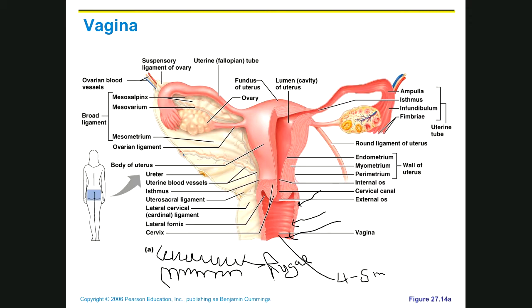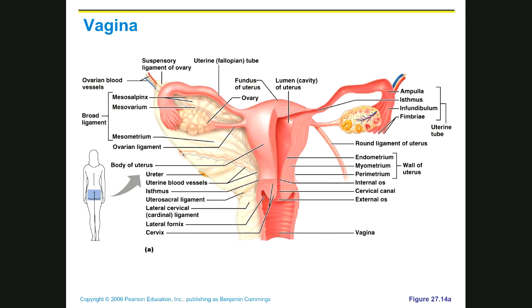But what happens when a female becomes sexually excited is very similar to what happens when a male becomes sexually excited. Blood rushes to the area, arteries dilate, and what happens is those folds flatten out. And so the length goes from about 4 to 5 inches to about 7 to 8 inches.